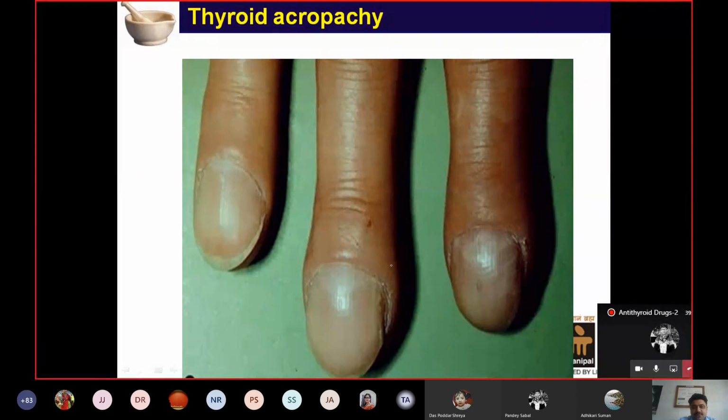Here if you see, the extremities of the fingers are swollen. There is clubbing of the nail you can see in this diagram, as well as this portion. This portion is bigger because of swelling. So this is again a feature of Graves' disease.